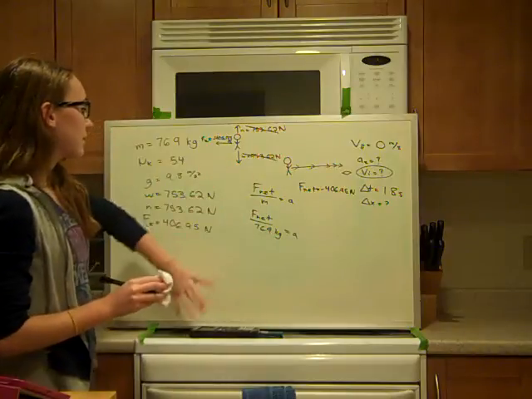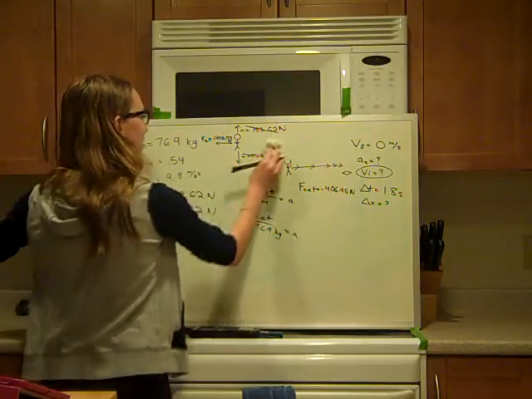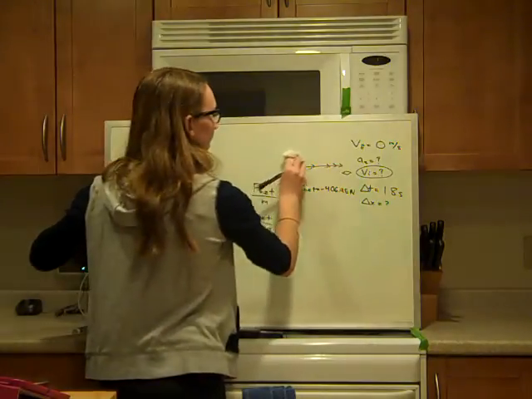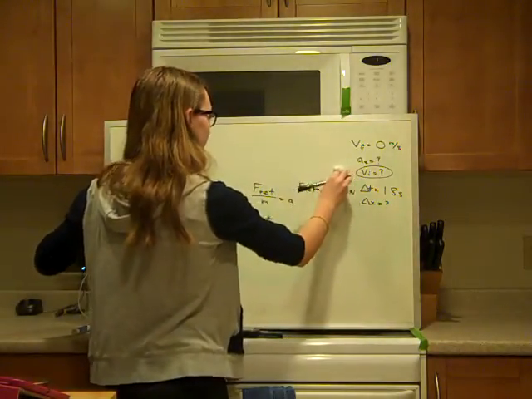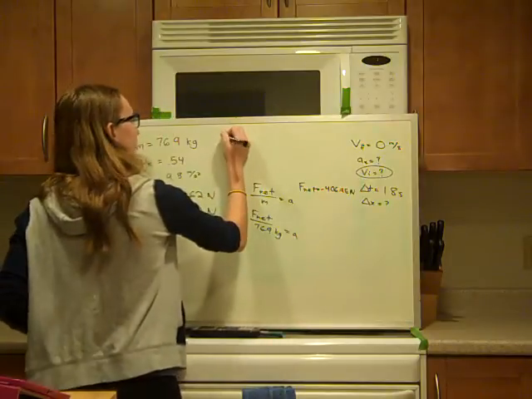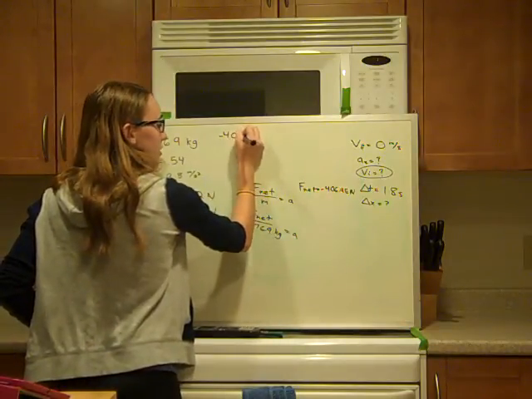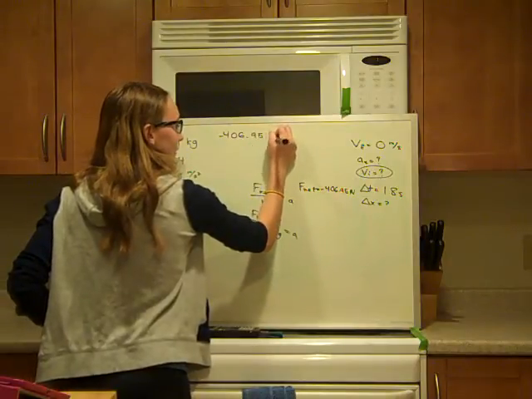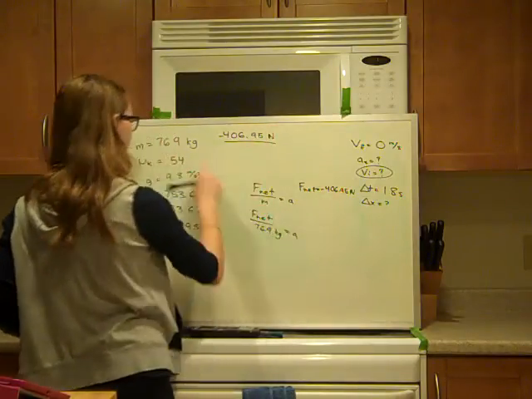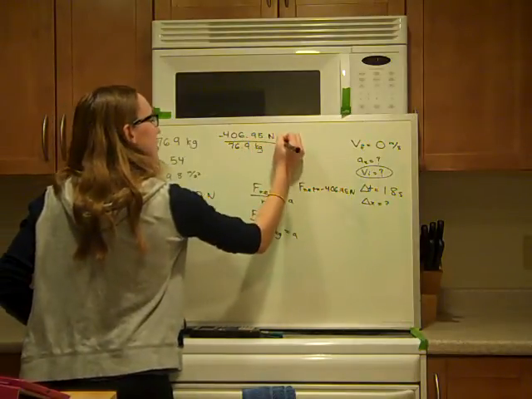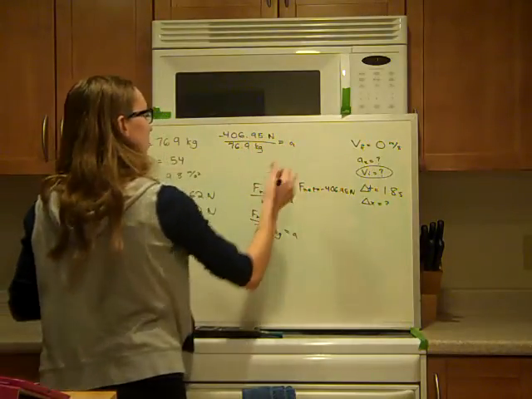So I'm going to clean some of this up a little bit just so we have more room to write. I don't think we really need this baseball player guy anymore. Alright, so if we solve for this equation, now we've got negative 406.95 newtons divided by the mass, which is 76.9 kilograms, is equivalent to acceleration.